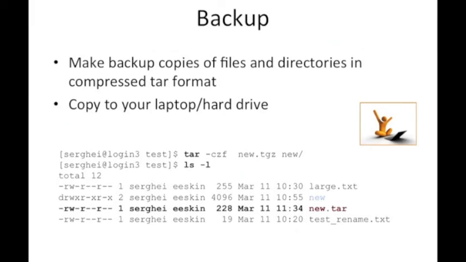So to do a backup, we'll first of all make an archive in any format, and copy it to the laptop, or directly copy it to the hard drive. To create the archive there are many ways, like zip and tar. We'll be using the TGZ format, and this is the command you will use: tar czf, the name of the archive you want to create, and the directory which you want to back up.